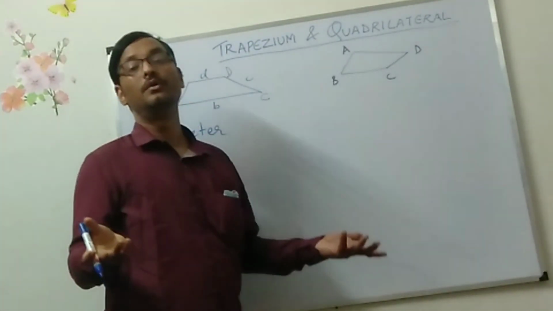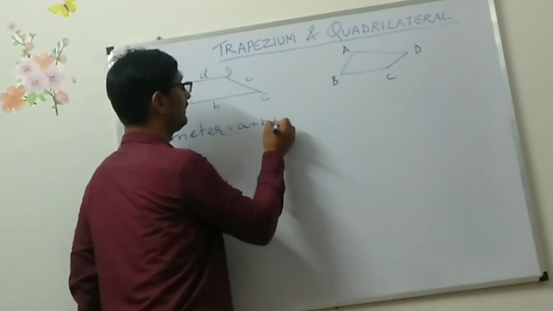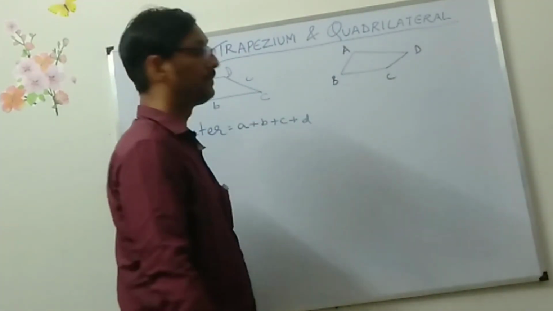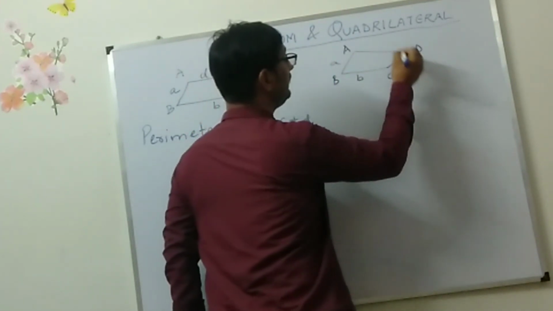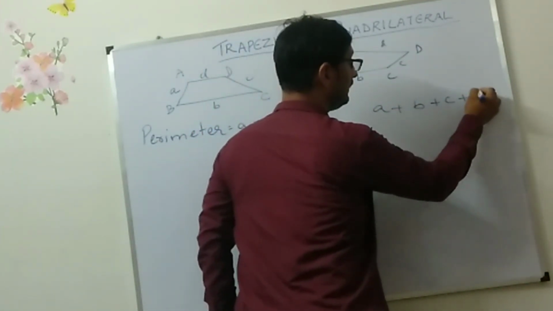Sum of all the sides. So A plus B plus C plus D. Same thing applies here: A, B, C and D. Then you will be writing A plus B plus C plus D.